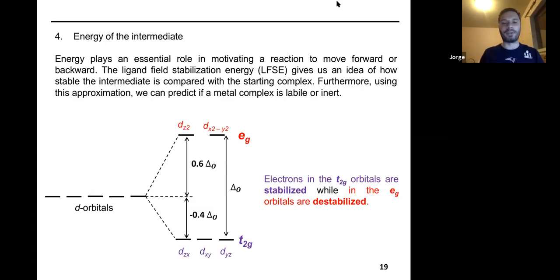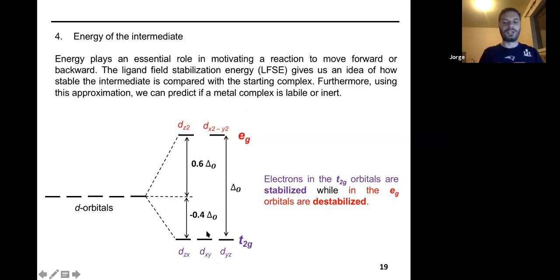So every time there is repulsion, there is an increase in the energy. So this group goes up and it's called the eg group, all right? If someone goes up, someone else has to go down, and that's the t2g group, all right? So remember that.